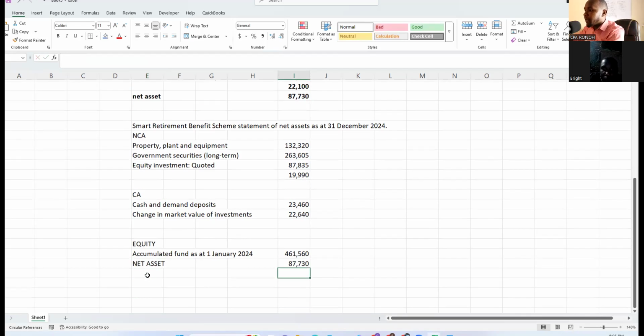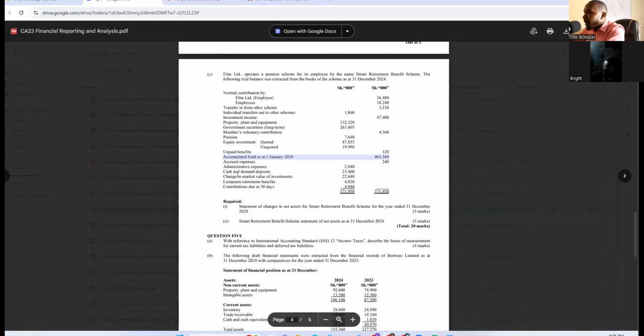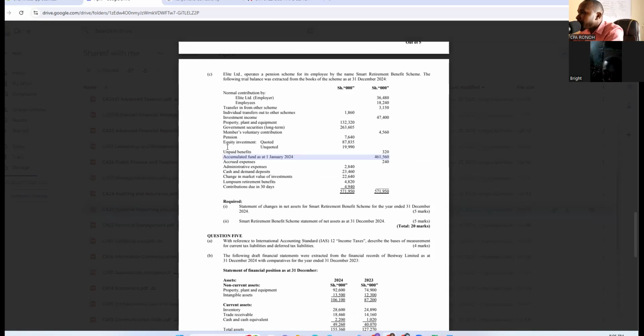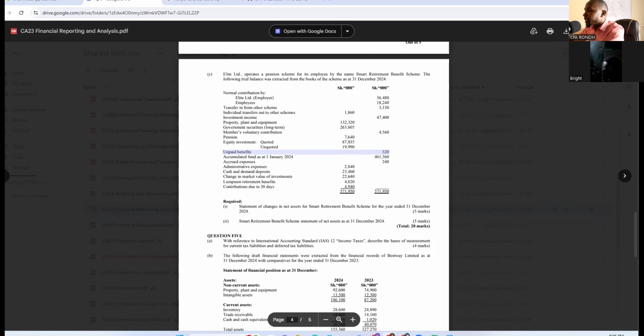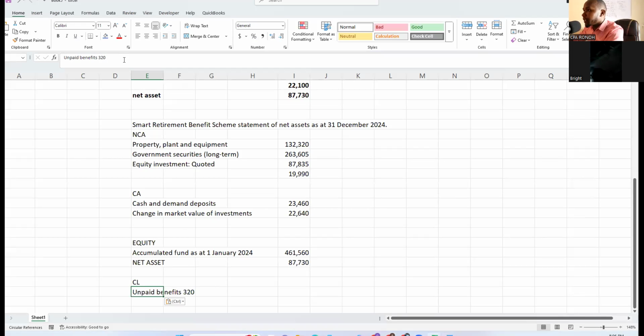And then I've not seen any other non-current liabilities, so we go direct to the current liabilities. For current liabilities, we have unpaid benefits. They have not paid the benefit maybe for the previous financial period, so it is a liability. That's why it is on the credit side of their trial balance. So we will put it here as a current liability.